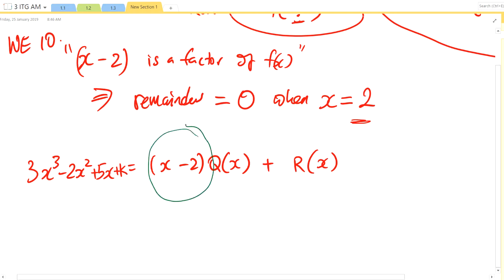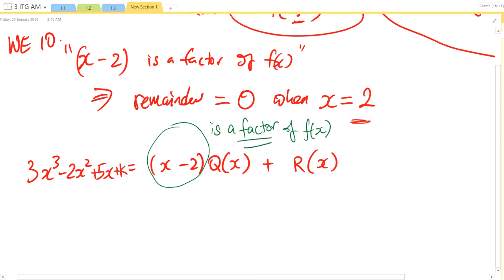One extra piece of info they gave you: this is a factor of fx. This implies that Rx equals 0.